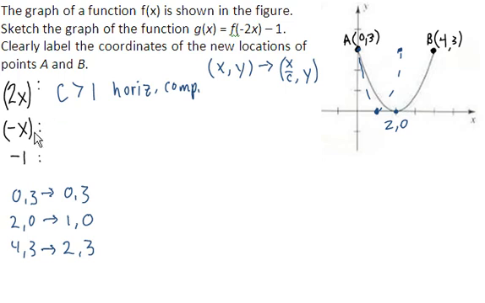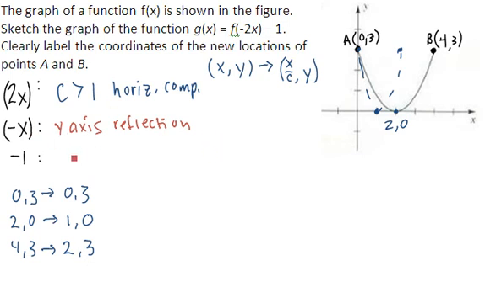Our next step is to look at the negative that is on this function, and negative x is going to give us a y-axis reflection. If the negative was outside of the parentheses affecting the whole function, then we would have an x-axis reflection.